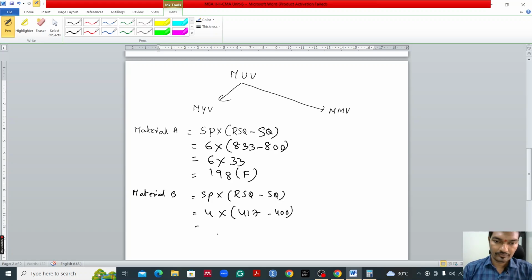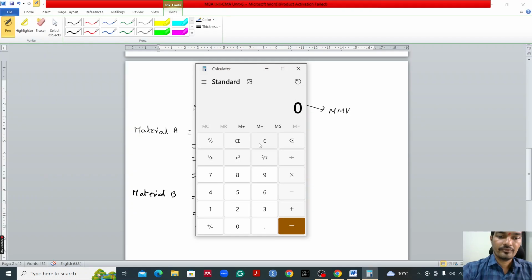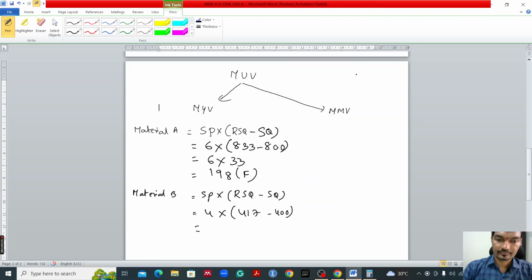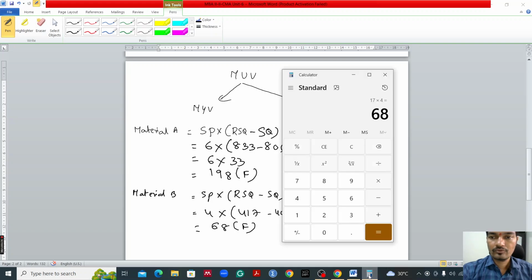So we got a positive value of 17 into 4, 68, of favorable value, so plus 198.